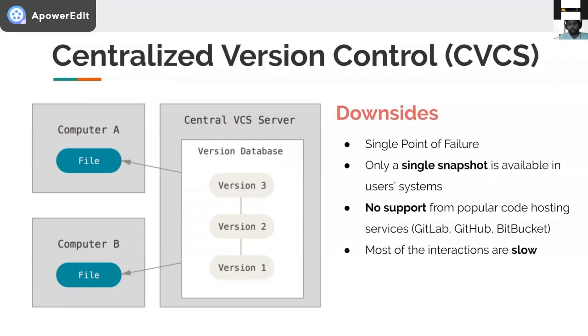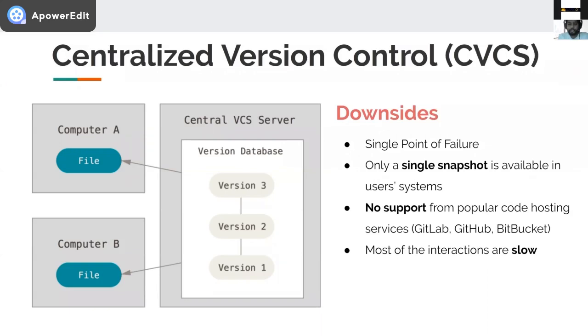There are a lot of downsides to this, because you always need access to this server, either via an internet connection or a network connection, all the time in order to work on this project. And there is a single point of failure: if the version database goes down in the central version server, then none of the developers can work on the project because it's down. So that is one downside.